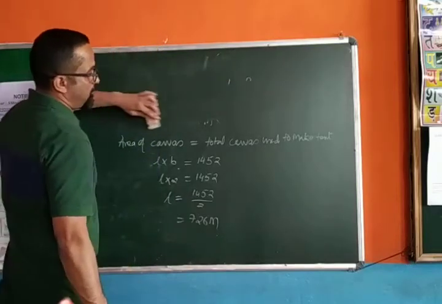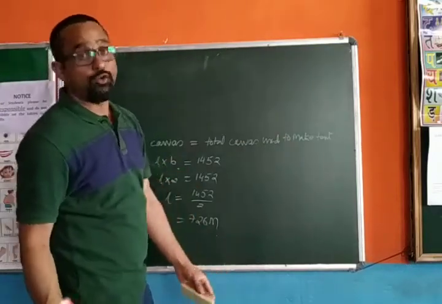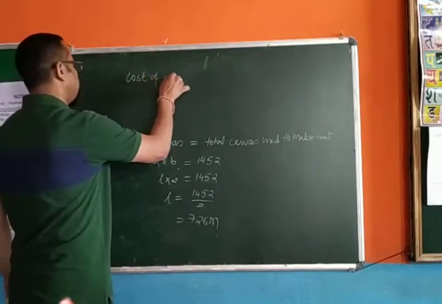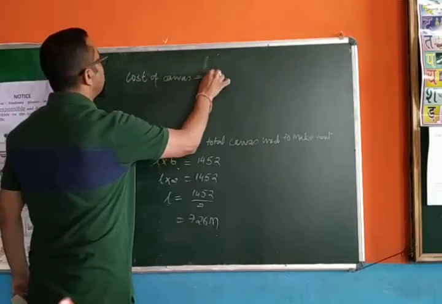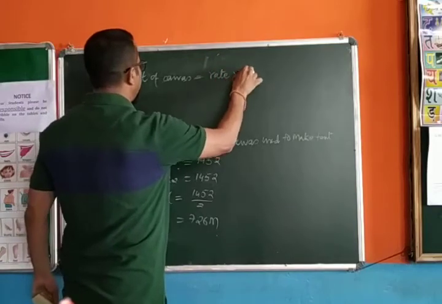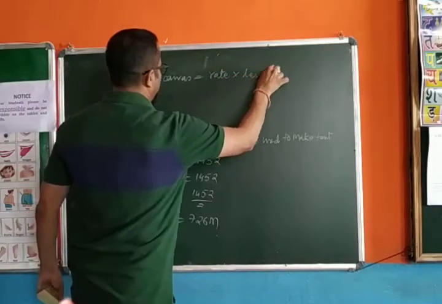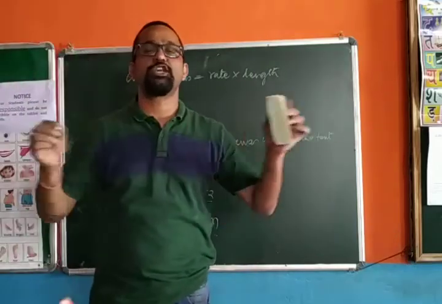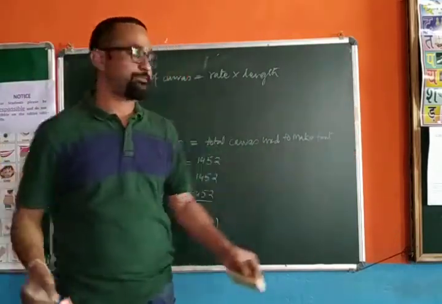Second part, also find the cost of canvas, equal to rate multiplied by length. And whenever we purchase cloth, we always purchase in terms of length.